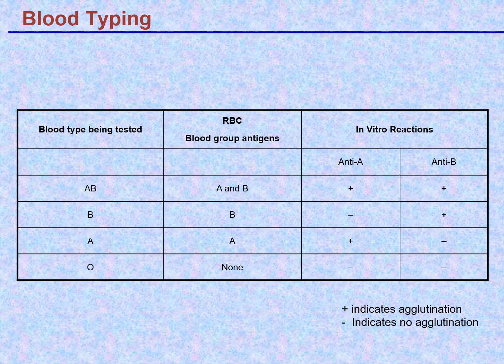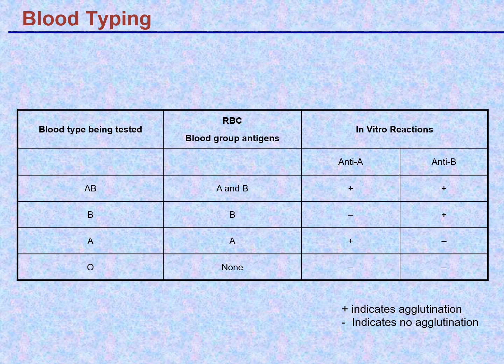So in terms of typing blood, we type it in vitro in a test tube, and we use antibodies that are prepared commercially as reagents, as testing tools, to find out what ABO blood group a person's blood is.